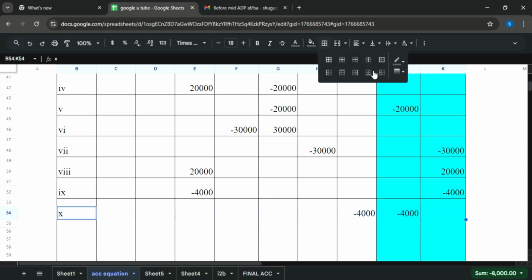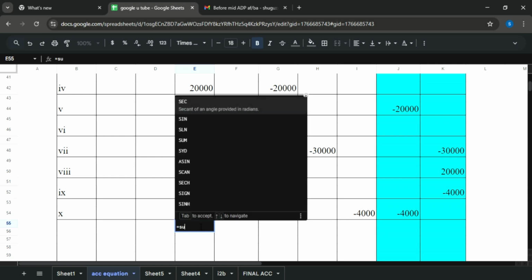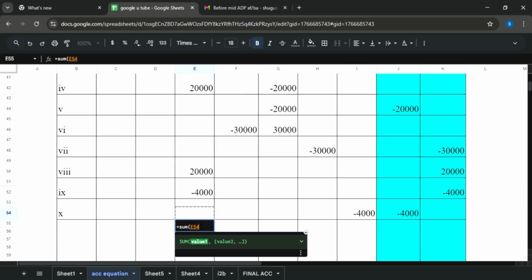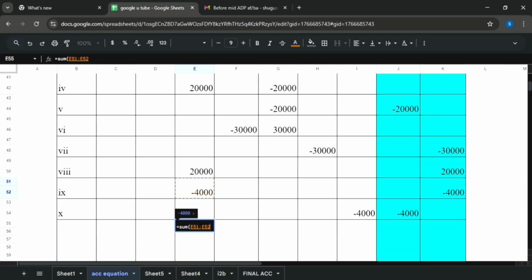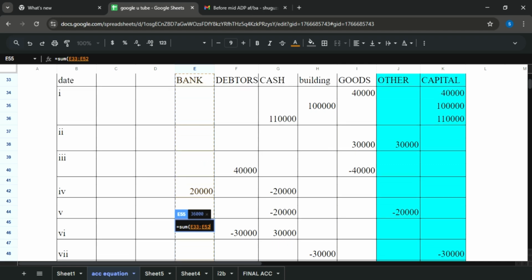Guys, in this way we have completed all of our entries. Now we are open to calculate the sum of all the amounts. At this stage, we will calculate the sum of each column. It's very important for all of you to please pay attention to how to calculate the sum. Now this is our first column, and whatever is written in this column, like 4,000, 20,000, again 20,000, and that's all.